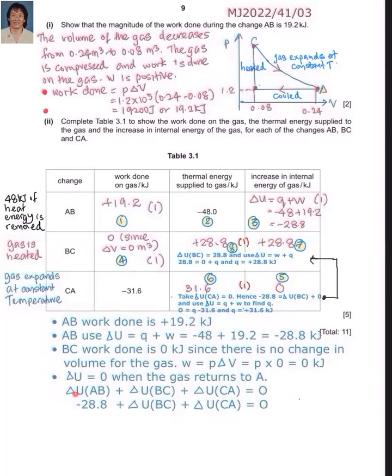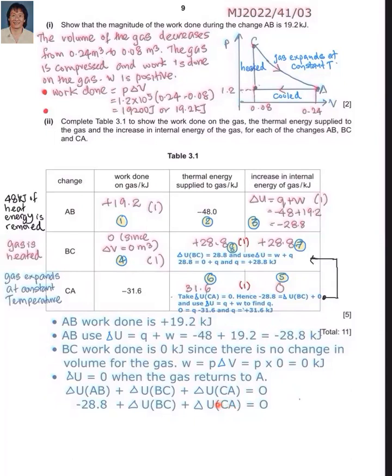Therefore, the change in internal energy for AB plus the change in internal energy for BC plus the change in internal energy for CA equals 0. Now we know that the change in internal energy for AB is minus 28.8. And we know that the change in internal energy for CA is 0 because the gas expands at constant temperature.